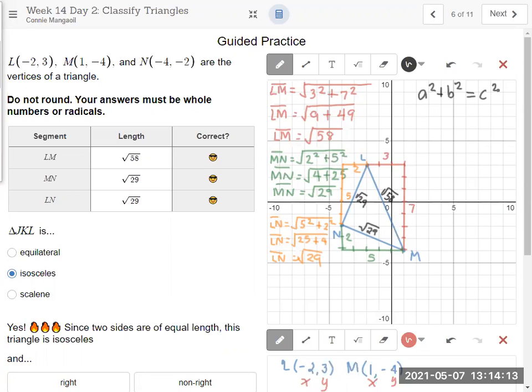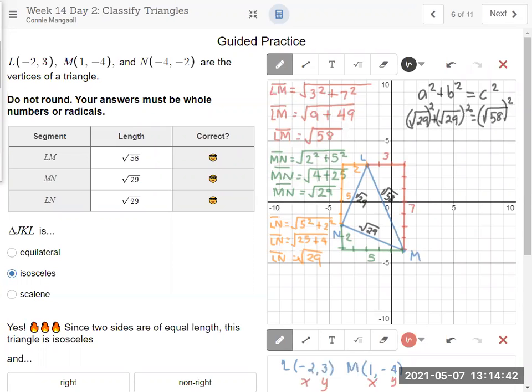Is it the square root of 29 or the square root of 58? 58, because that's the longest. So c is equal to square root of 58, right? So square root of 58 squared. The other two legs are square root of 29 squared, that's your a squared, and then your b squared is square root of 29 squared.